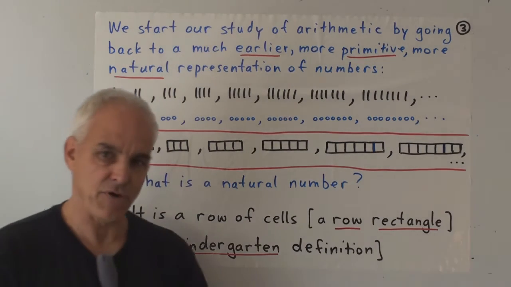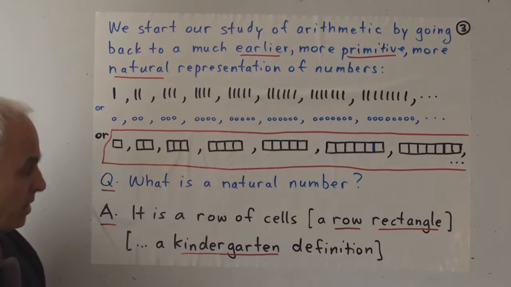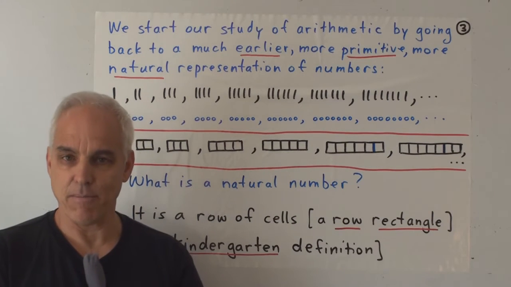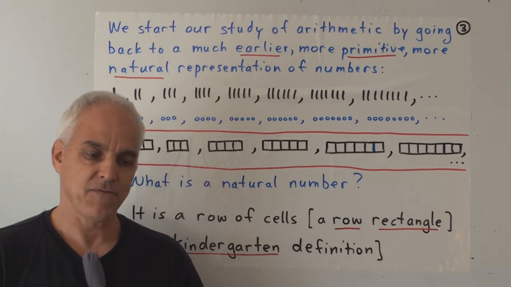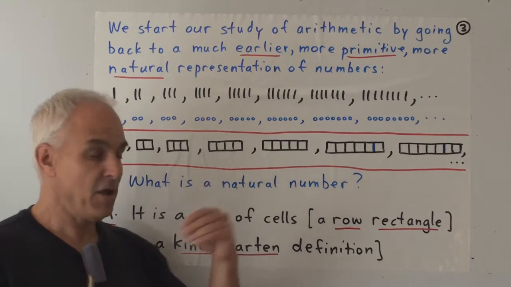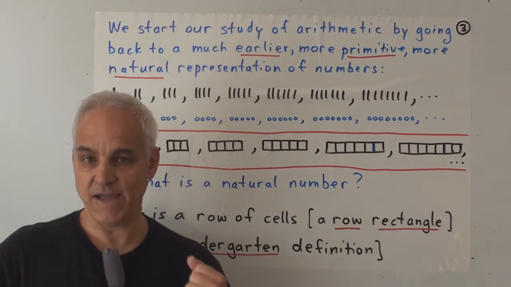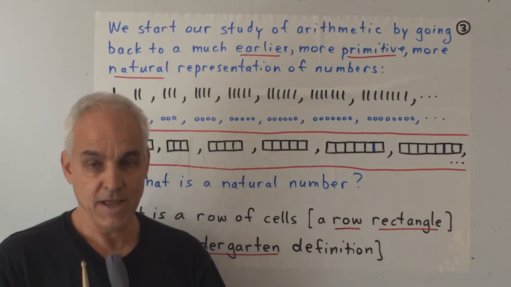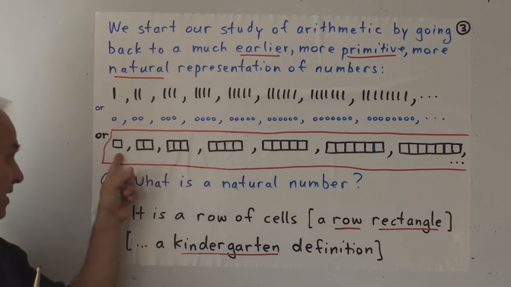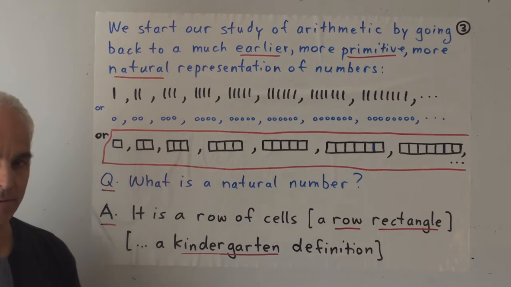What about names for numbers? Well, it took a long while for people to develop names for numbers. And for the first large part of the history of these numbers, there probably weren't very fancy names for them. Let's introduce the name 1 for this one. Okay, that number we'll call 1.